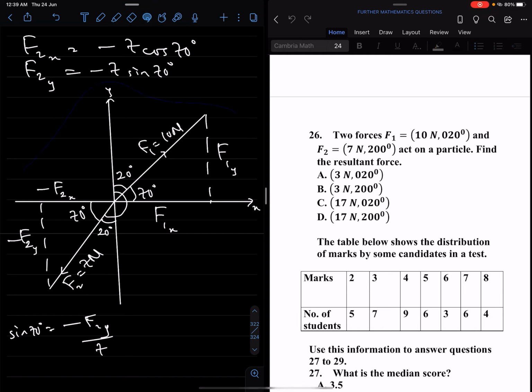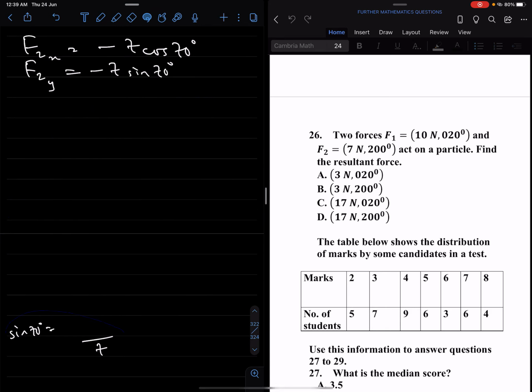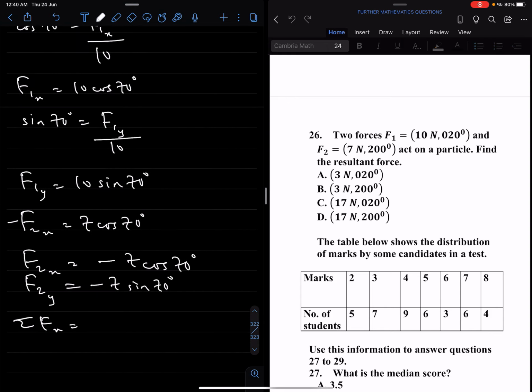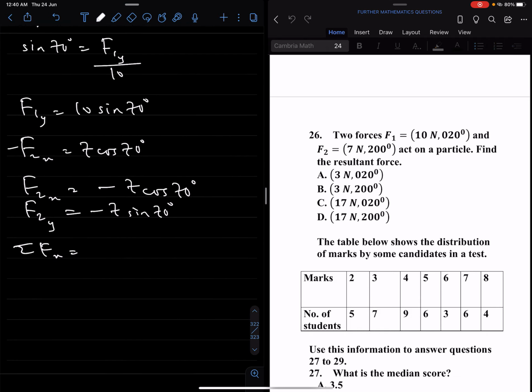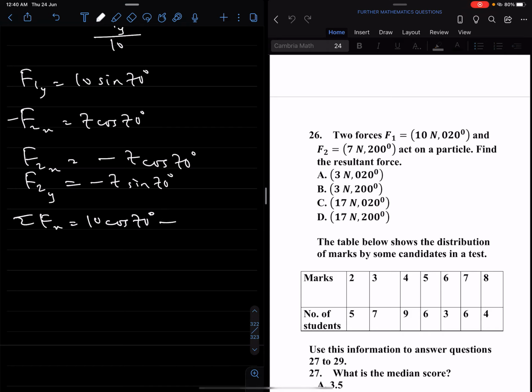So you can take this out. That simply means the resultant, which is the sum of horizontal components of forces, is 10 cos 70 plus minus 7 cos 70 degrees.